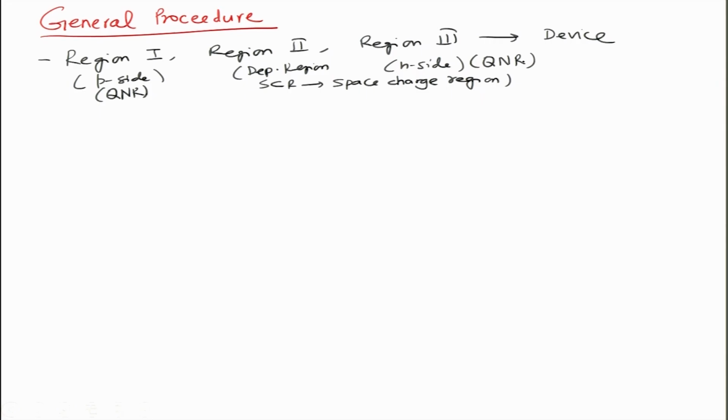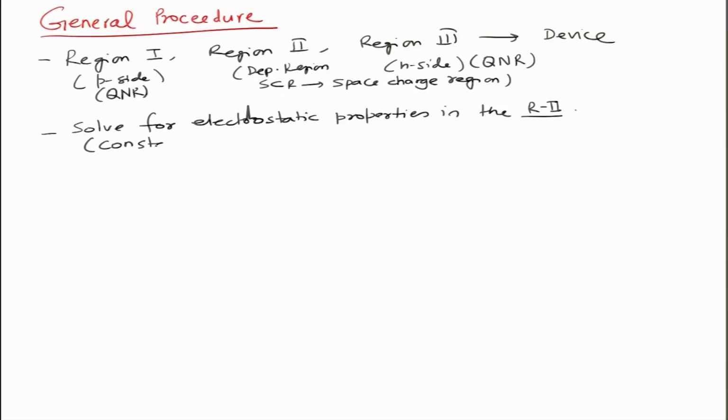So, you have QNR followed by SCR followed by a QNR, and then we solve for electrostatic properties in region 2. Okay. So, generally the solution will depend upon the doping profile, but we assume that there is a constant doping and the junction is an abrupt junction.